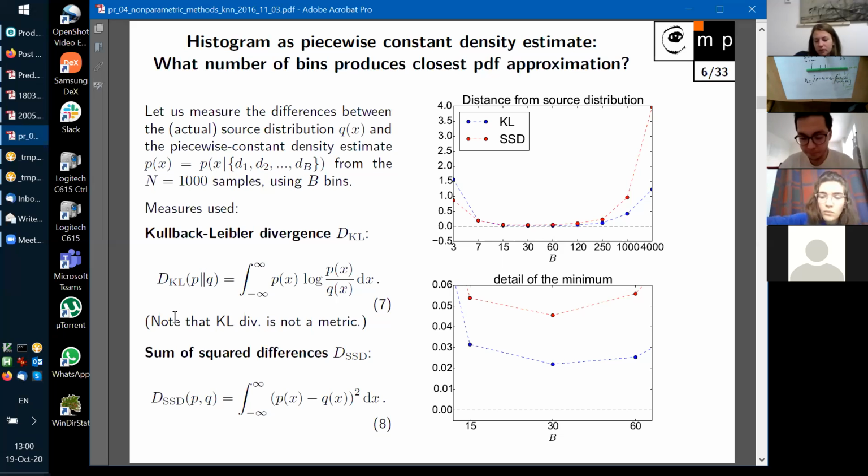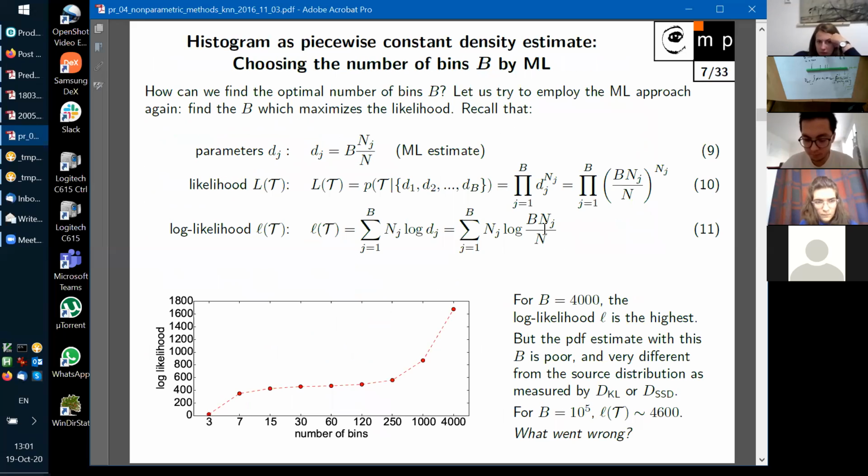But the important thing is that here you see again the Kullback-Leibler distance between the true distribution, which we happen to know, and our estimate is somewhere optimal between 20 and 40. So let's have a look at this a little bit more carefully.